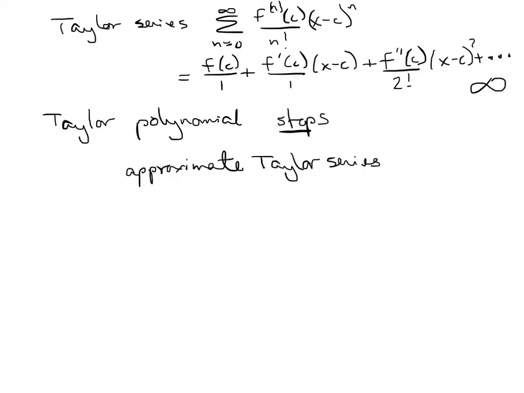So in that last example that we did, with the integral of cosine of x squared, we could have stopped at some point and then approximated the integral.